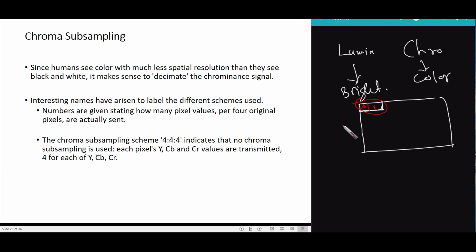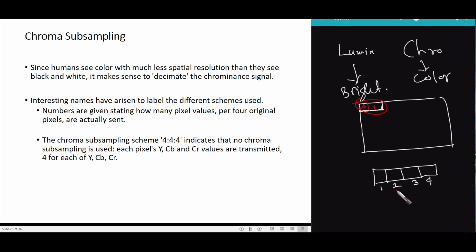So that's why it is fine, let's say, I just give you some examples. Let's say here we have 4 pixels, 1, 2, 3, 4. And let's say the brightness of each pixel is different from the others.